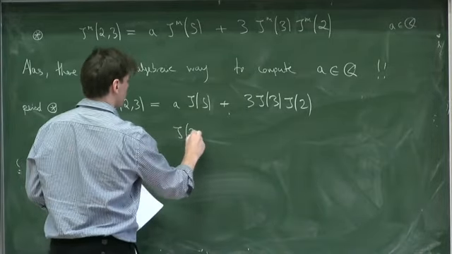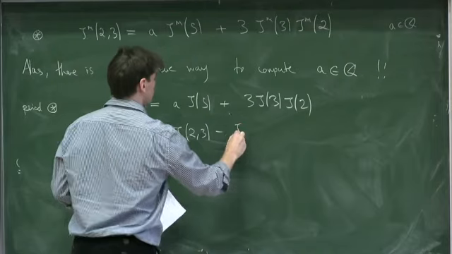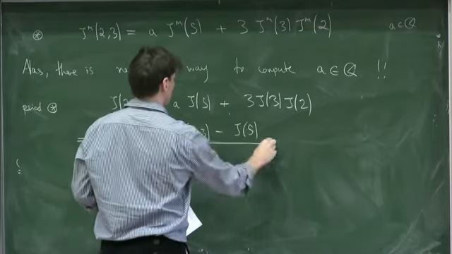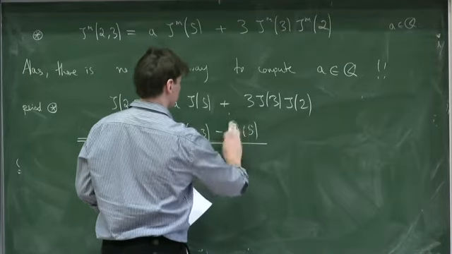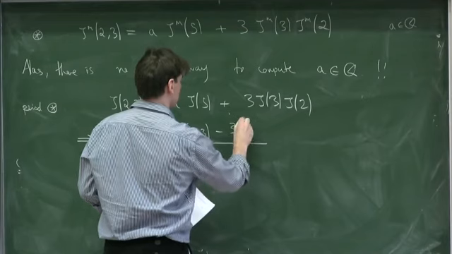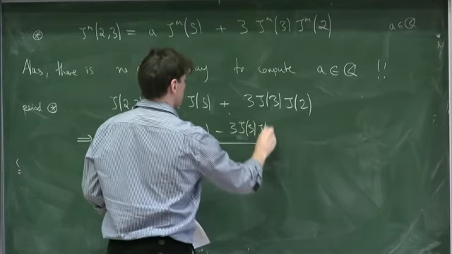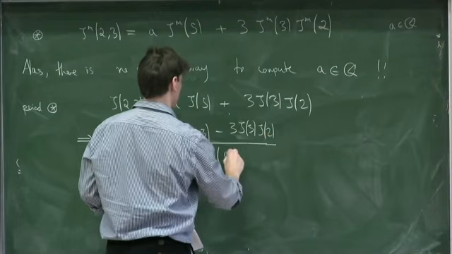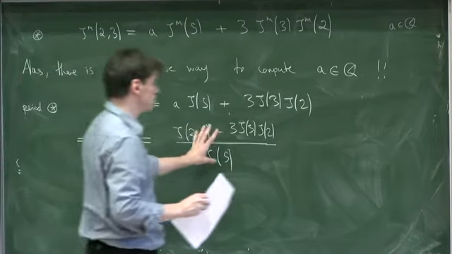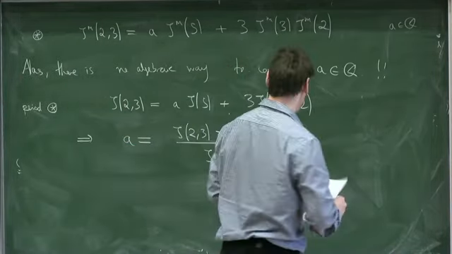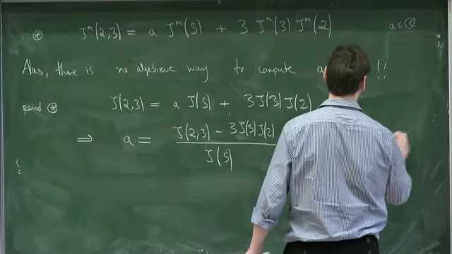It's zeta 2,3 minus zeta 5, divided by zeta 5. So this is some real number. You can compute thousands of decimal places. But we know that it's actually a rational number.